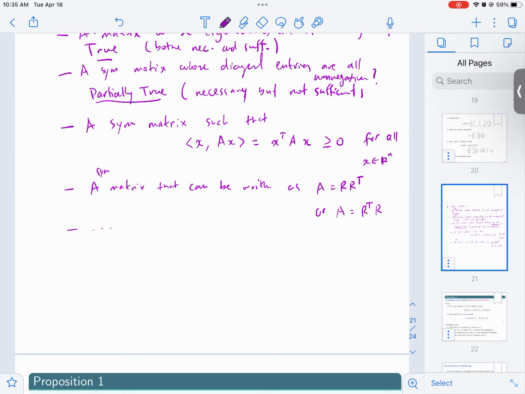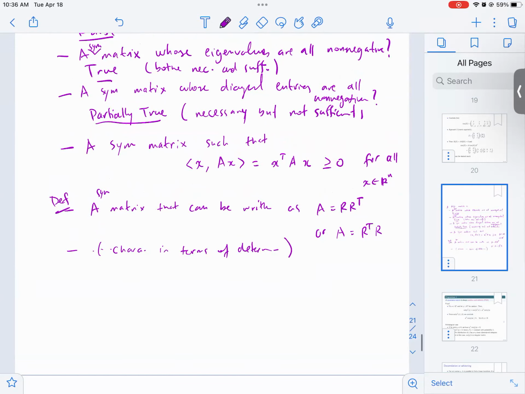There are probably other characterizations. There are characterizations in terms of the determinants, so all the principal minors have non-negative determinants. But this is the definition. And this is the one that's going to be very useful, the eigenvalue characterization.